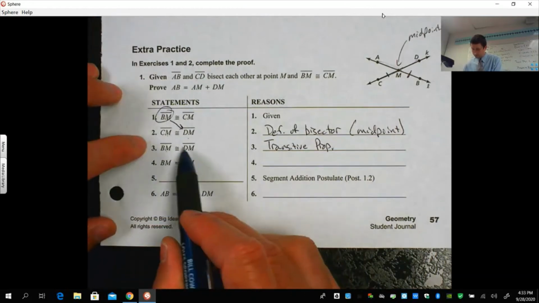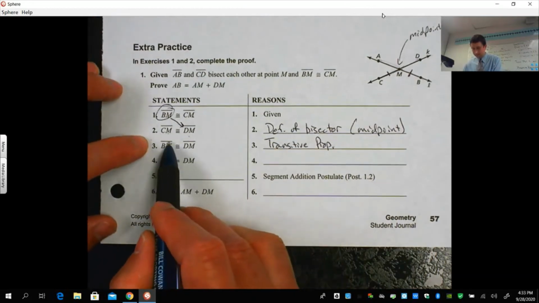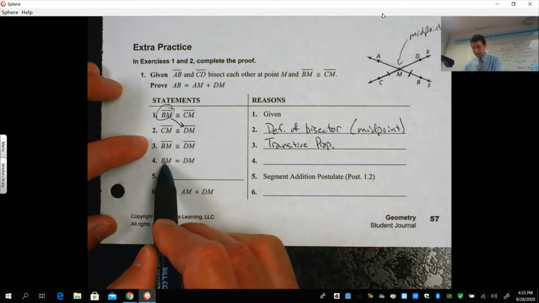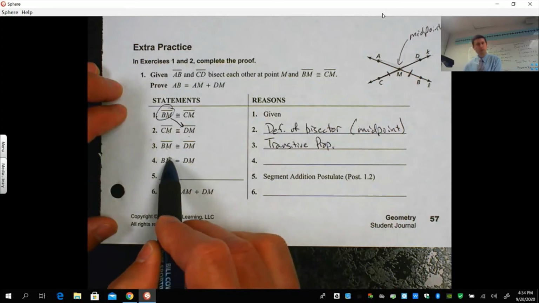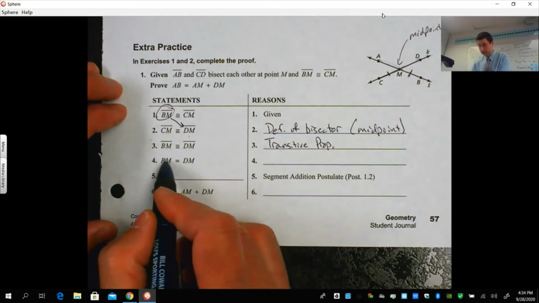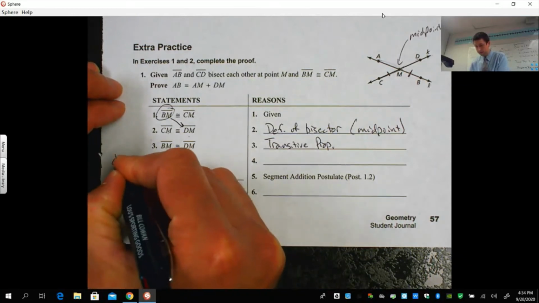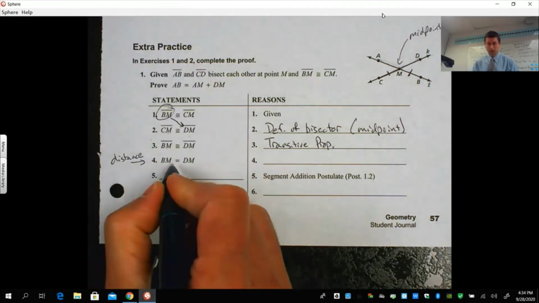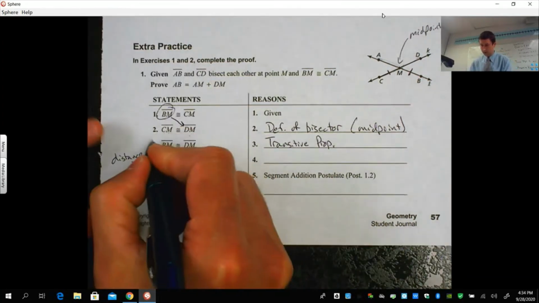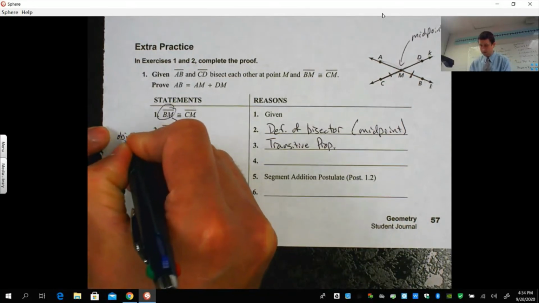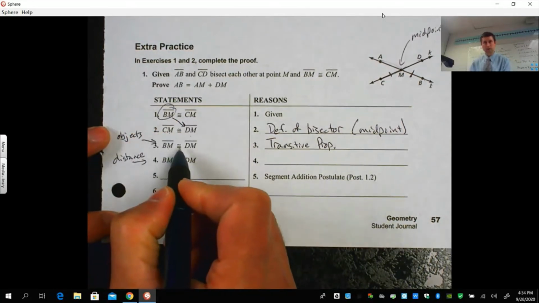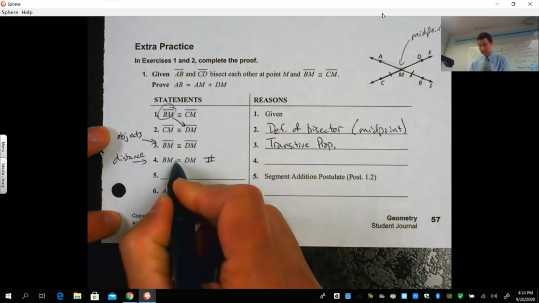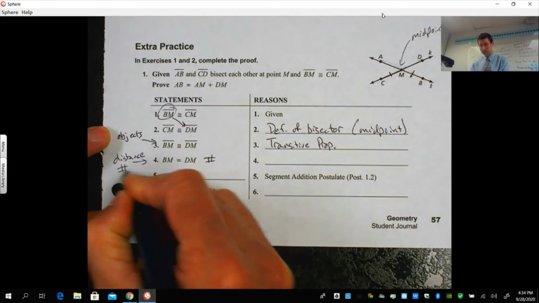Okay, so let's look at 3 to 4 here. What changes here? This is a segment. Segment BM is congruent to segment DM. This says BM equals DM. Now remember, without a symbol on it, this is referring to the distance. And this is important here, okay? Distances are numbers, and numbers are equal.